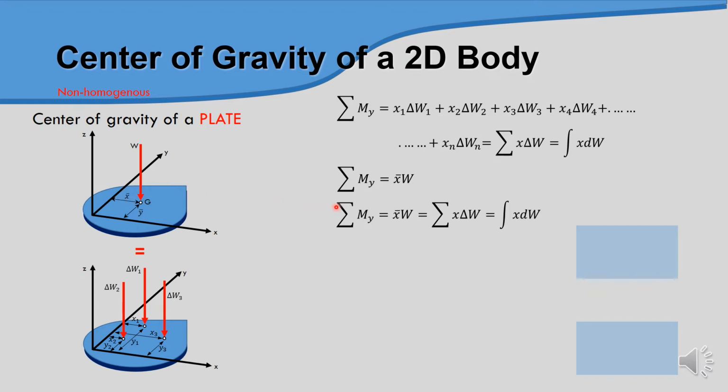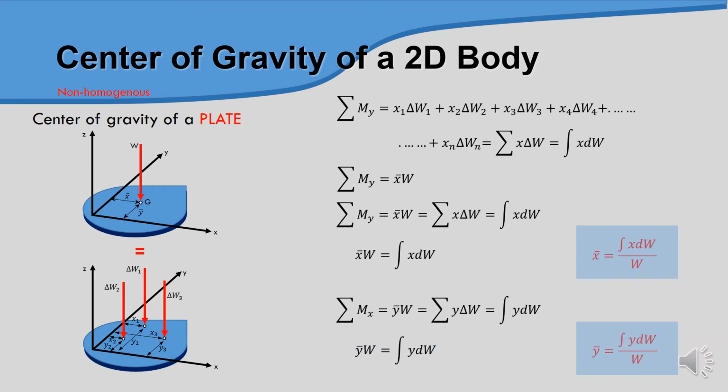So it also happened to the moment at point X. In order to get the value of moment at point X, the process can be done by using this equation, whereby the value of y bar times w is equal to summation of y delta w, equal to integration of y dw.